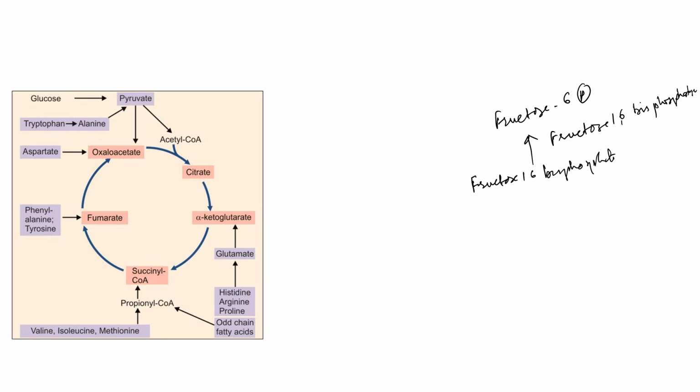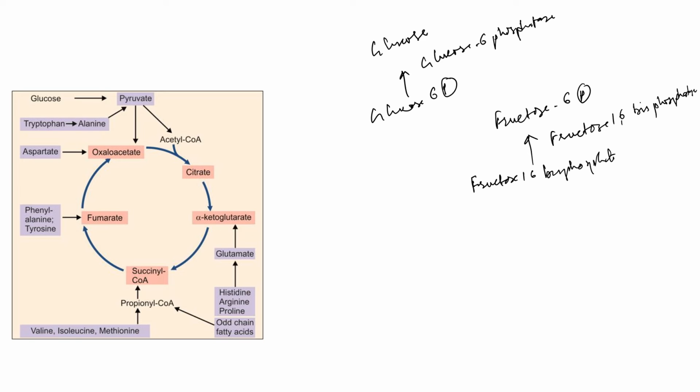Then the third irreversible step is the conversion of glucose 6-phosphate to glucose, and this is done by the glucose 6-phosphatase enzyme. So ultimately the glucose is formed. These are the three irreversible steps to overcome.